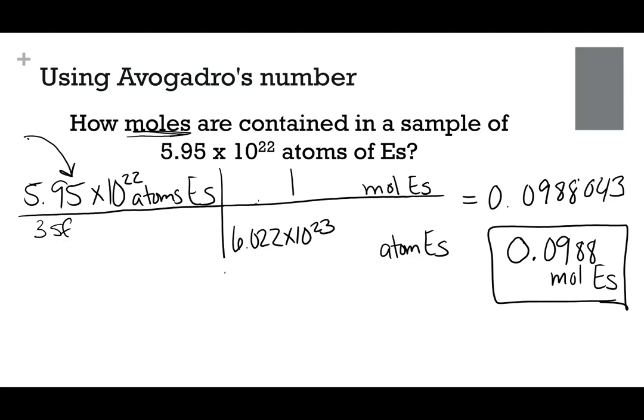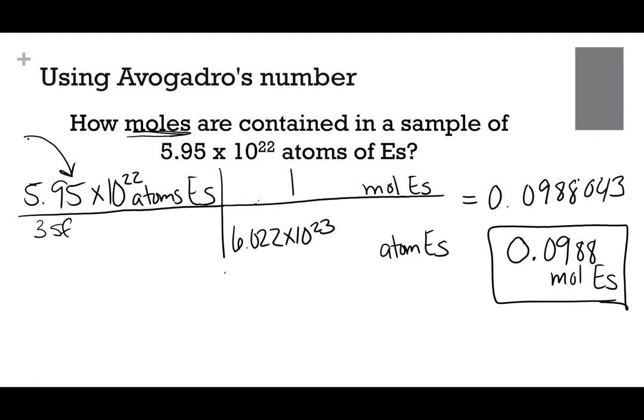Yeah, it does. The whole purpose of a counting number, the whole purpose of the mole, is to make these numbers a little bit more user-friendly. I would much rather deal with the number 0.09 than deal with the number 5.95 times 10 to the 22nd. That's a lot to keep track of. So the fact that this became a user-friendly number, just a simple decimal number, tells me that this answer does in fact make sense.